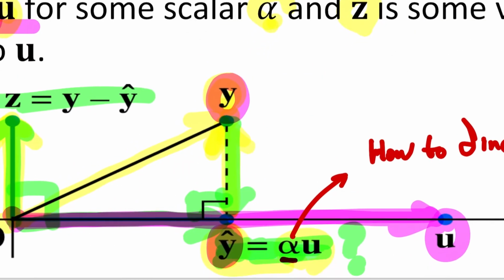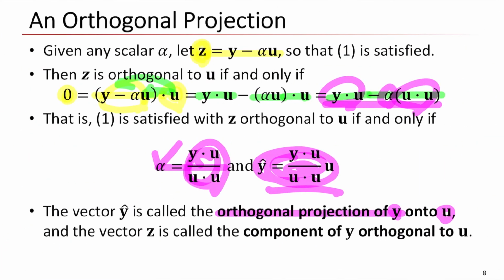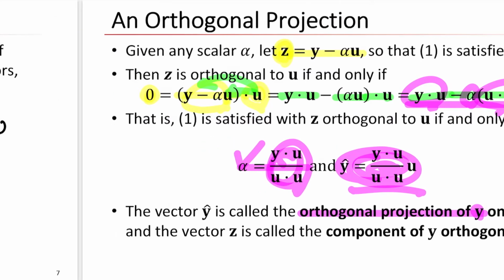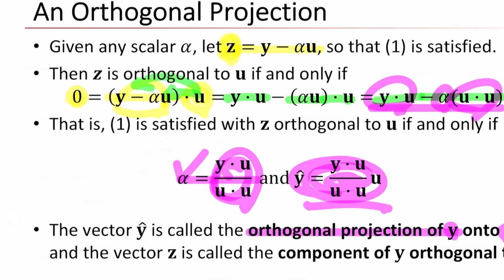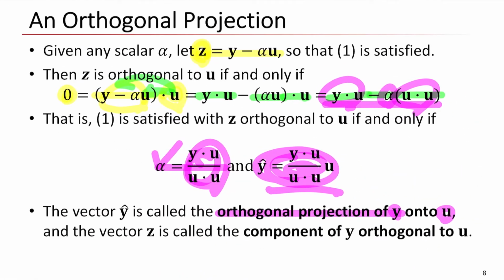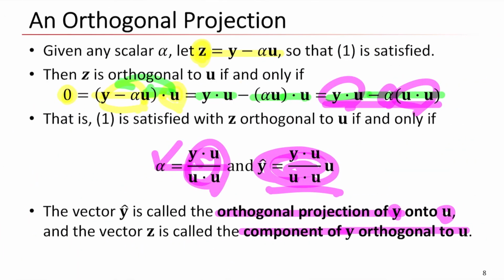So this is the definition of the orthogonal projection of y onto u, and the vector z here is called the component of y orthogonal to u. So this is the definition of the orthogonal projection.